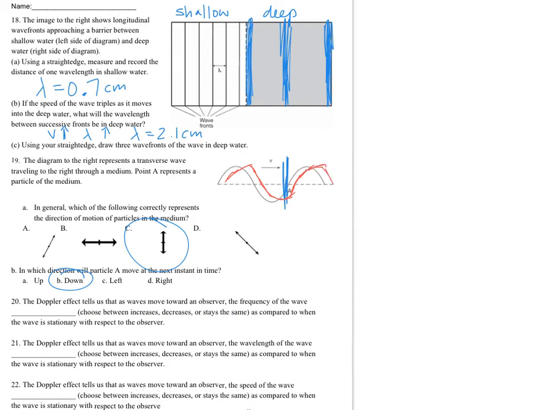In this next instant, overall A moves downward. So this is originally A, and it's going to move downward to this next point.